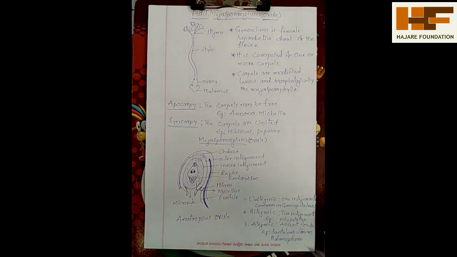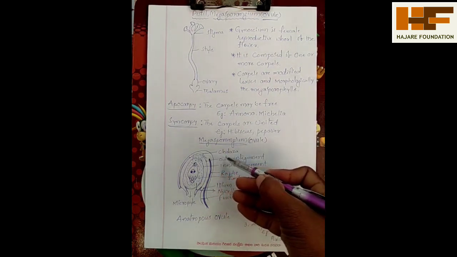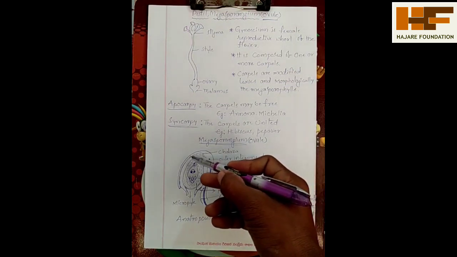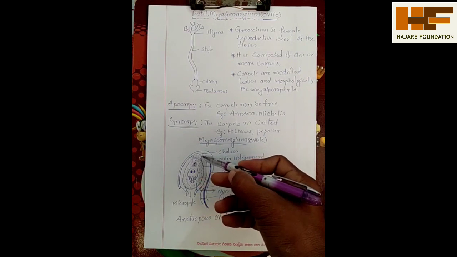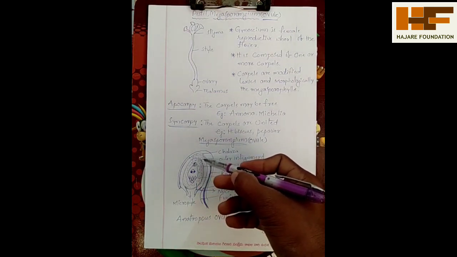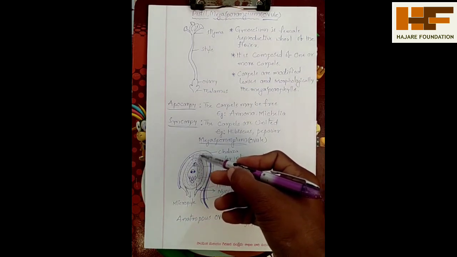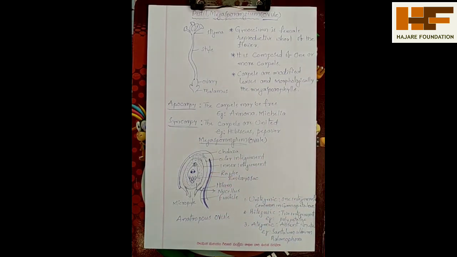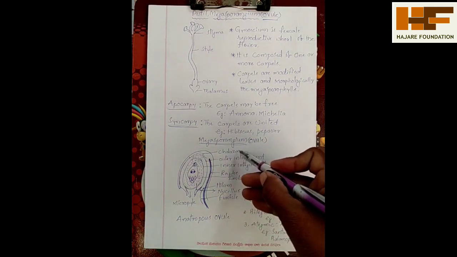The posterior part of the ovule is where the nucellus, integuments and funicle are all fused. This part we call the chalaza. These three parts are fused, forming the posterior part called the chalaza.